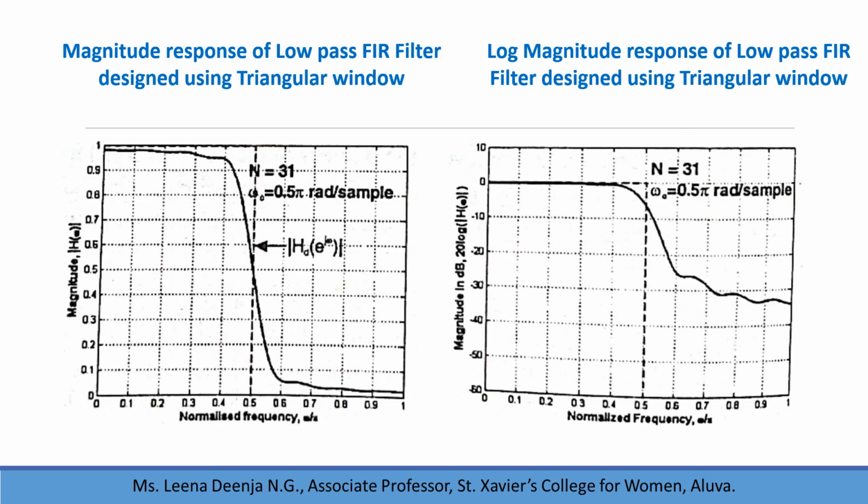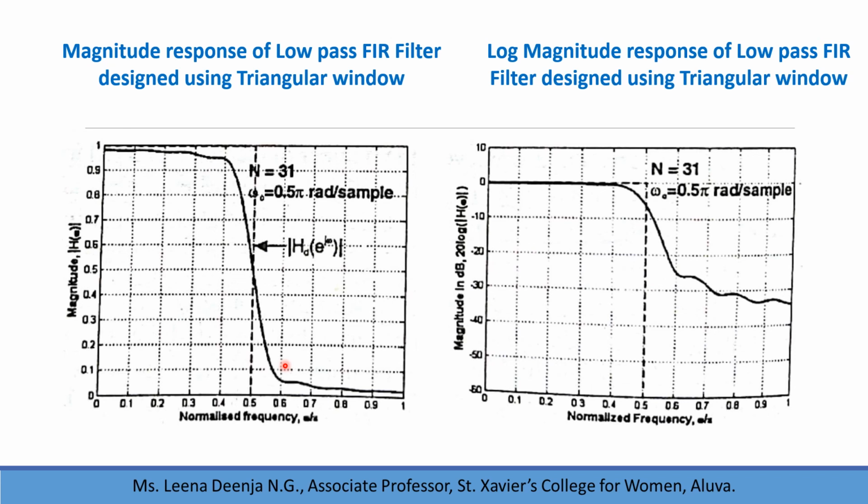The triangular window produces a smoother magnitude response. But the transition from pass band to stop band is not as steep as that of the rectangular window. Here we know that the main lobe width is double that of the rectangular window.